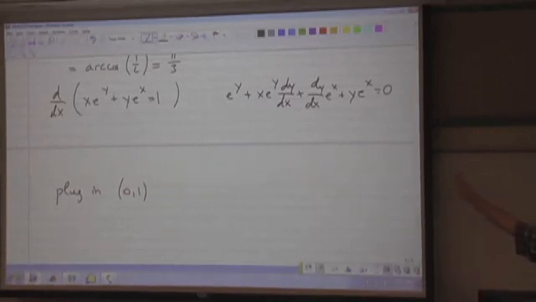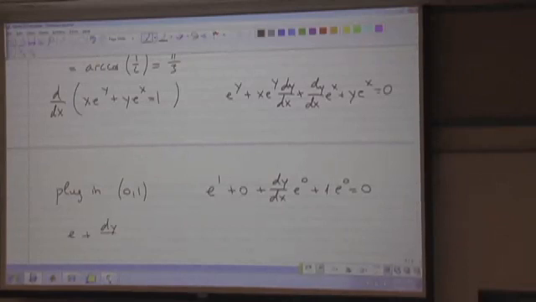So I'm going to have e to the 1, so e, plus 0, plus dy/dx times e to the 0, plus 1 times e to the 0 is equal to 0. So I just have e plus dy/dx plus 1 is equal to 0. So dy/dx is going to be minus e minus 1.